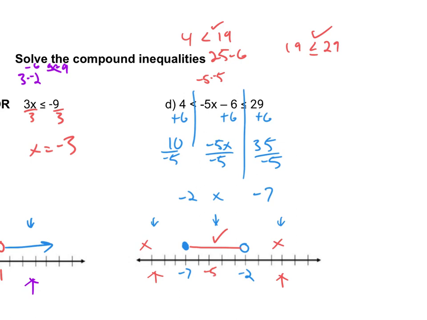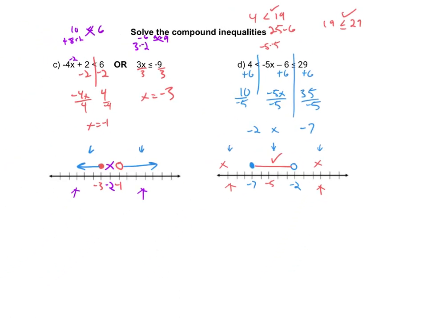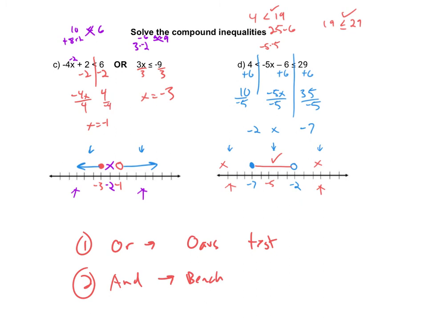So in summary, here's what's going on. If you're solving an OR statement, you should be making these rowboat ORs when you test your points. When you're solving an AND statement, you should be making that kind of bench, is the way that I call it, just to keep with that rowboat theme, when you test your points.